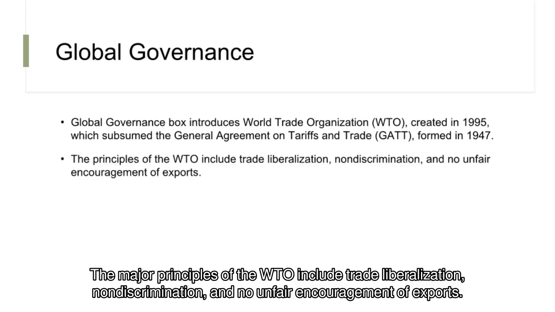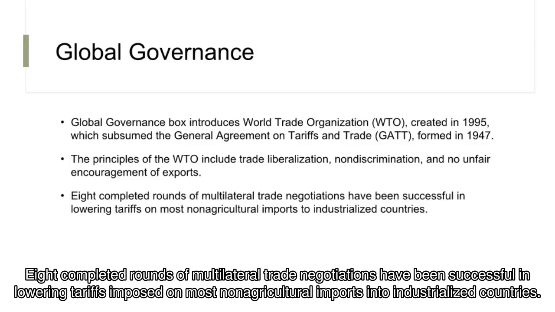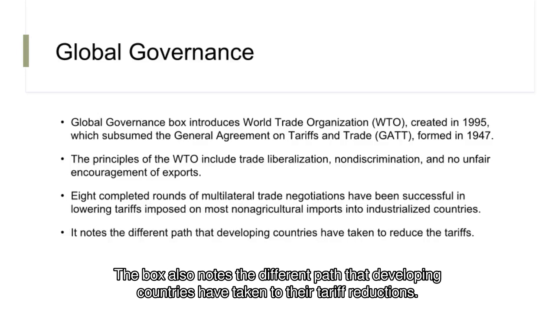The major principles of the WTO include trade liberalization, non-discrimination, and no unfair encouragement of exports. Eight completed rounds of multilateral trade negotiations have been successful in lowering tariffs imposed on most non-agricultural imports into industrialized countries. The box also notes the different path that developing countries have taken to their tariff reductions.